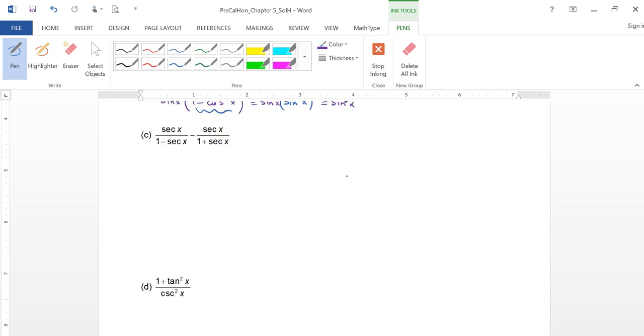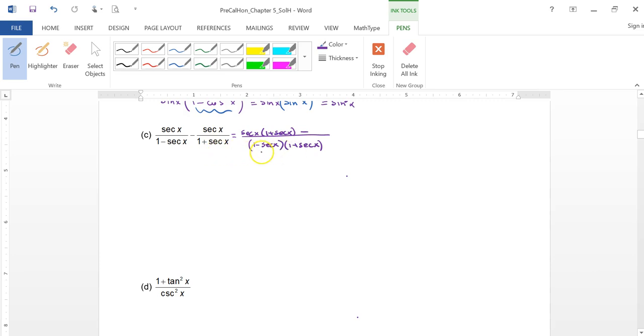When you have something like this, the trick is to always make a common denominator. Alright, that's the common denominator. So the first one, you cancel with this one, so you have 1 plus secant x times secant x. Minus, second denominator, I'm just doing a common denominator.